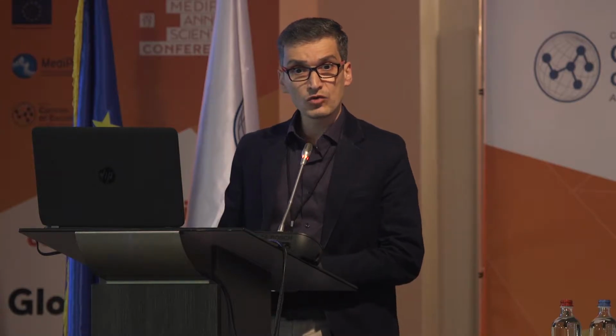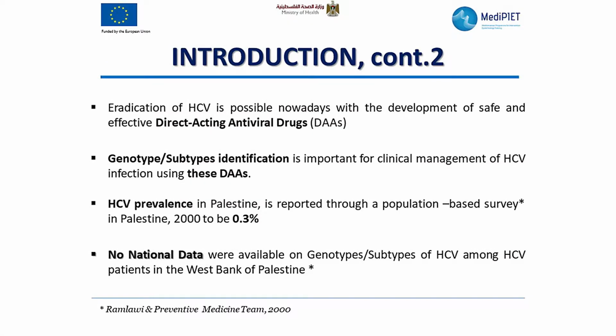However, the eradication of hepatitis C is now possible with the newly introduced antiviral drugs, and genotype and subtype identification is very important and crucial for the clinical management with these newly introduced anti-HCV drugs.